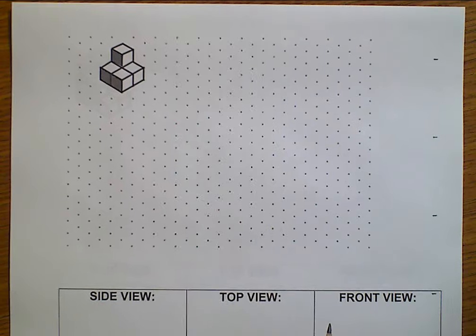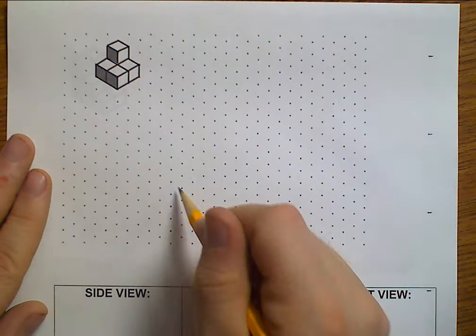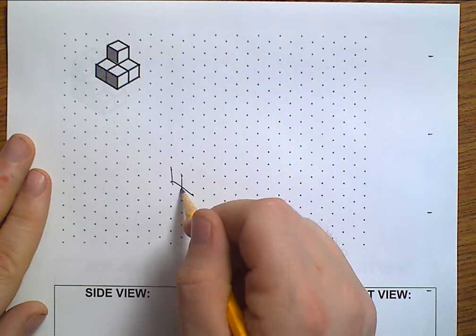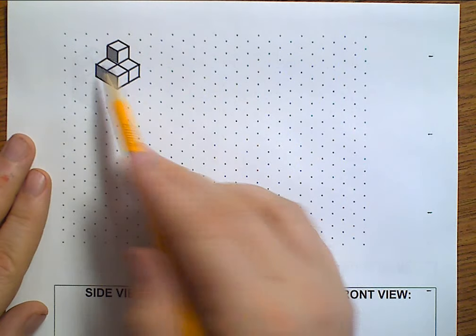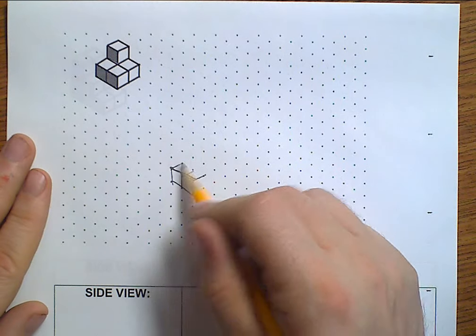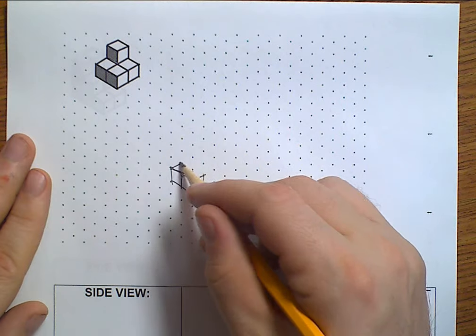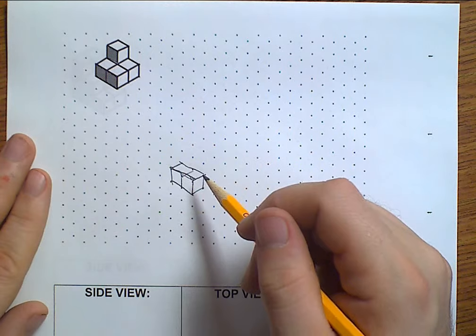Again, I'm going to make this drawing down here just so that we can see. And I'm going to start with this front row right here. Okay, so we've got this, and it goes back 1. And then I want to go ahead and draw this cube.